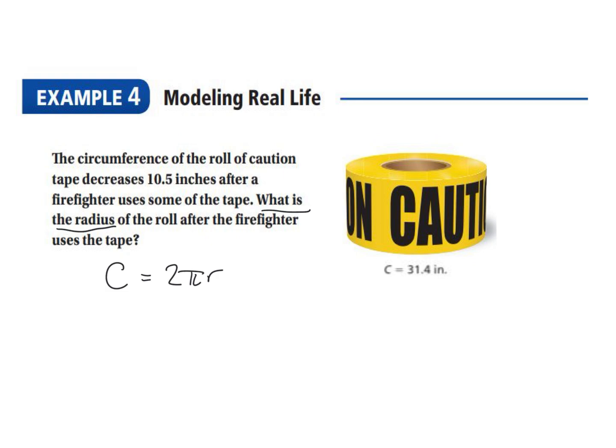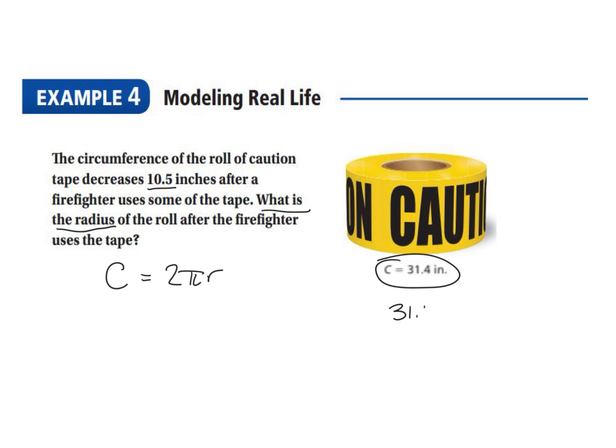So in this case, before, my circumference was 31.4 inches. And it's telling me that after the firefighter uses some, it decreases by 10.5. Decrease means to subtract. So to start this off, what is my actual circumference now?